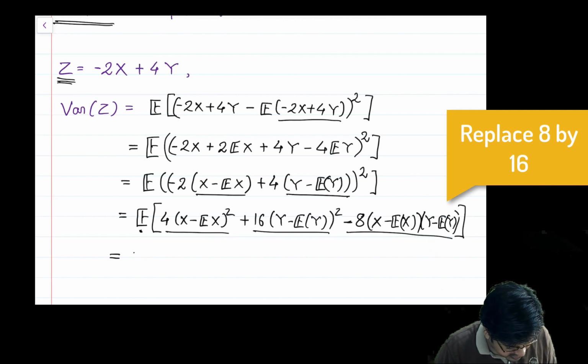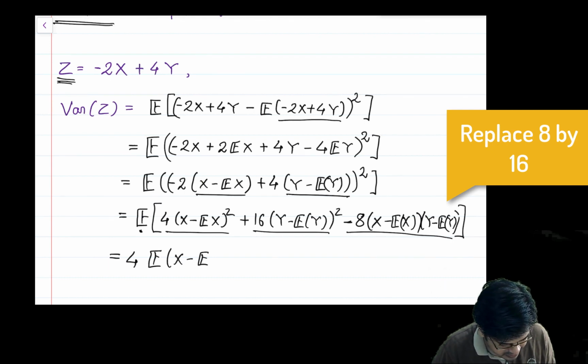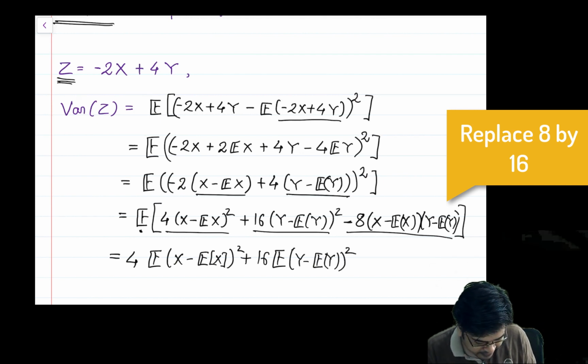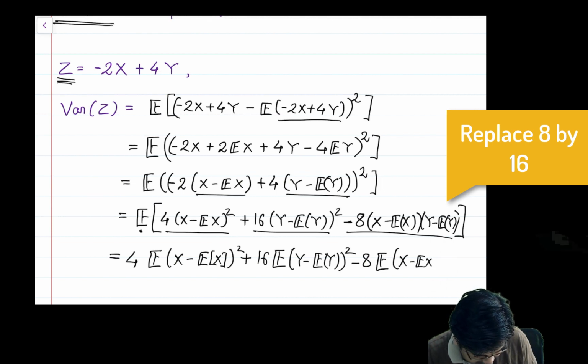I can take this out: 4 times the expected value of x minus expected value of x the whole square, plus 16 times the expected value of y minus expected value of y the whole square, minus 8 times the expected value of x minus expected value of x into y minus expected value of y.